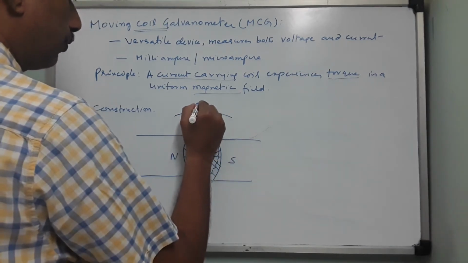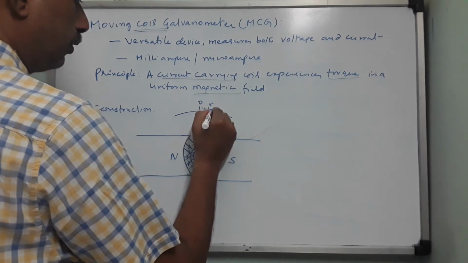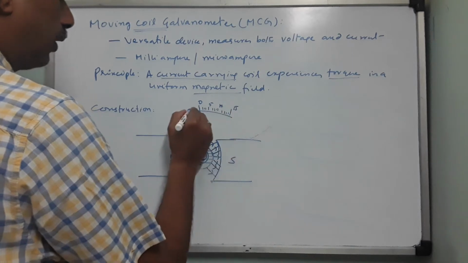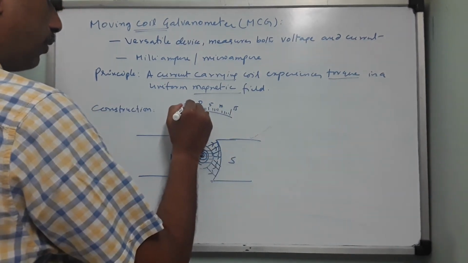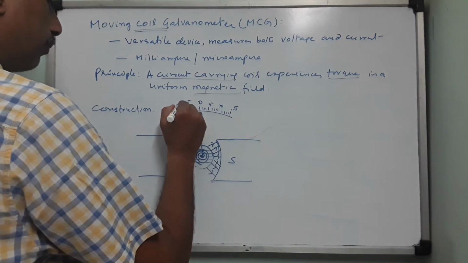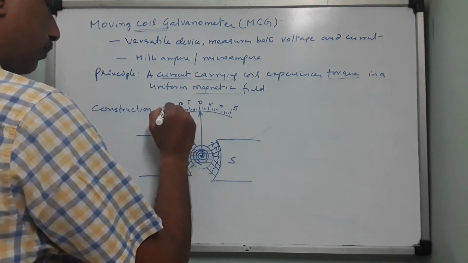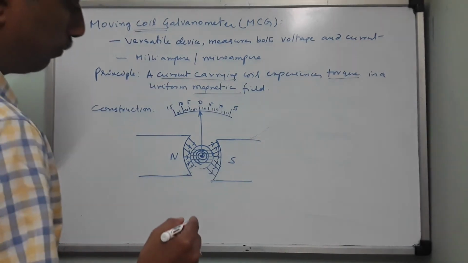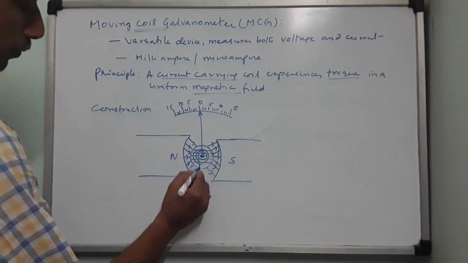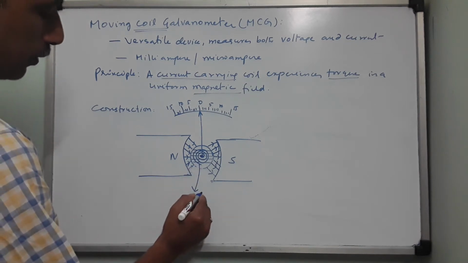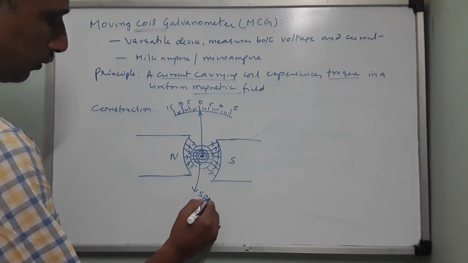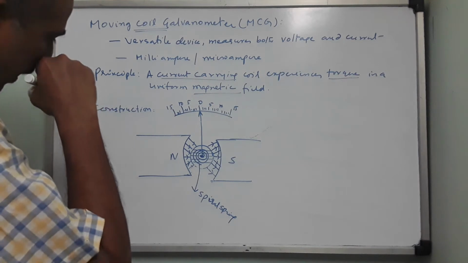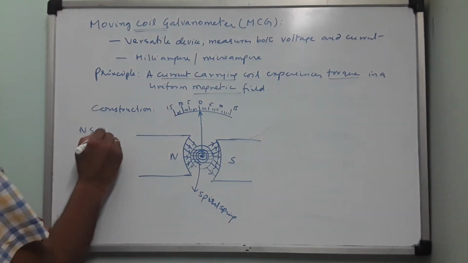So this is 0, 1, 2, 3, 4, 5, 6, 7, 8, 9, 10, like this. 15 divisions or 13 divisions will be there, depending on the magnitude. So this is a spiral spring. North and south are magnetic poles.